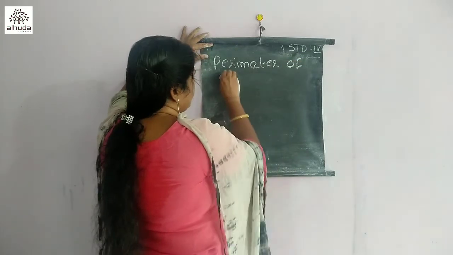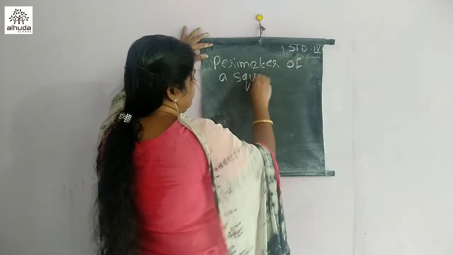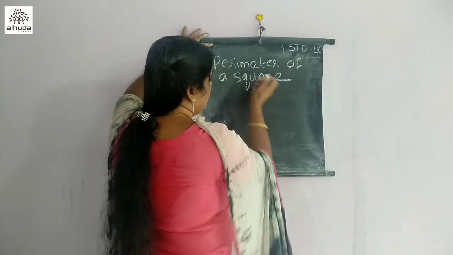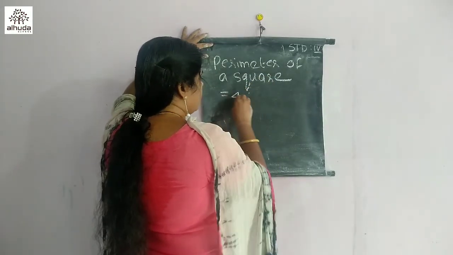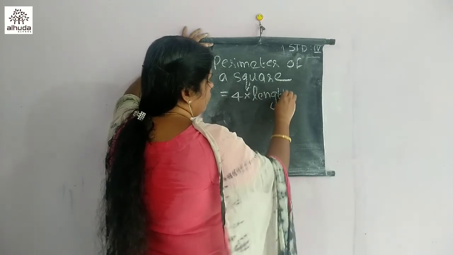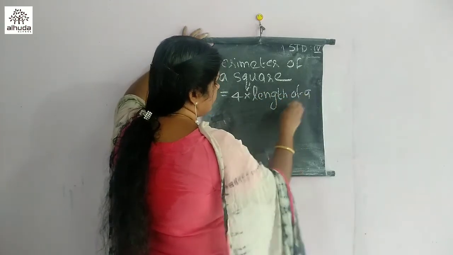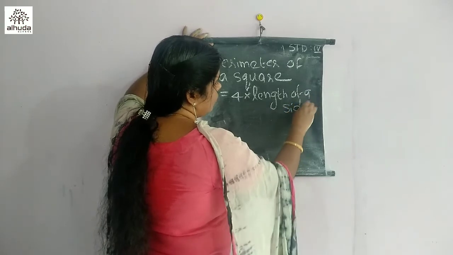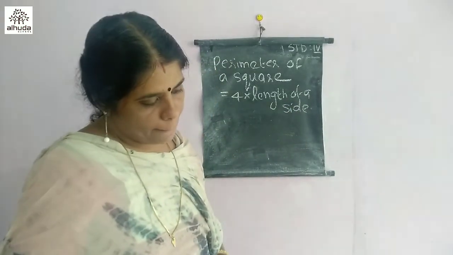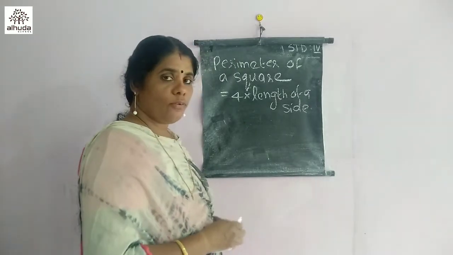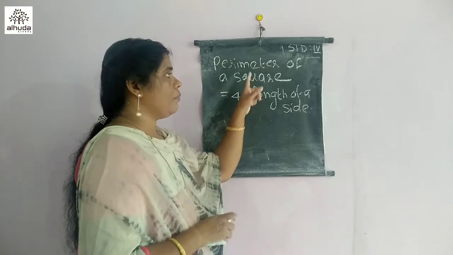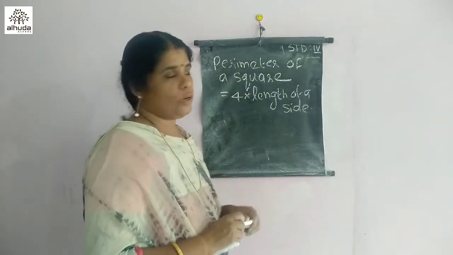Perimeter of a square is equal to 4 into length of a side. That is the equation.